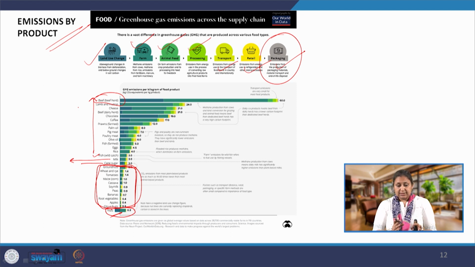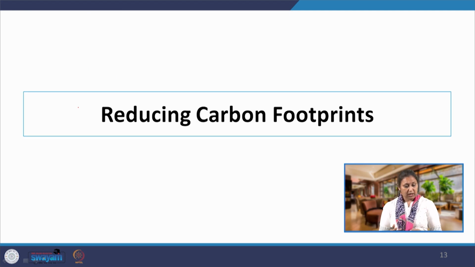So, our choices, whatever choice that we make, starting from the food we eat, the clothes we wear, the kind of transportation that we take, the kind of building that we are living in, the kind of lifestyle that we have, is contributing towards emissions, and it is contributing towards our carbon footprint.